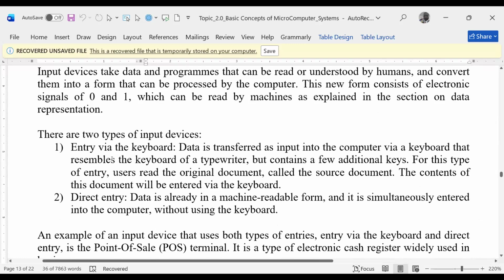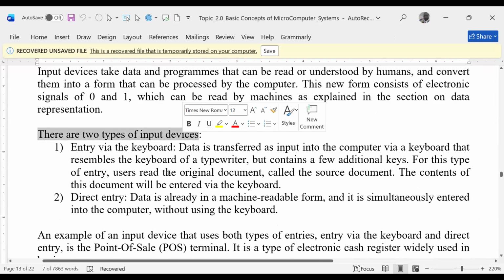Then the next one, also two types of input devices. To make entries into the database, there are two types of input devices. One is called direct and another indirect. The indirect example is the keyboard.